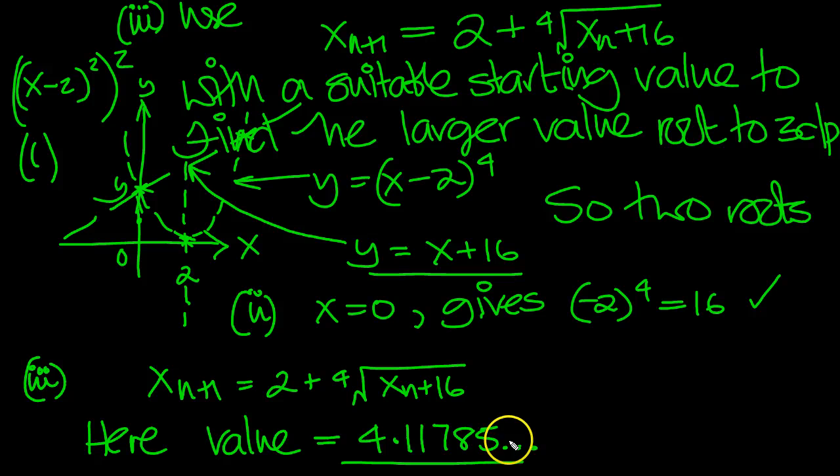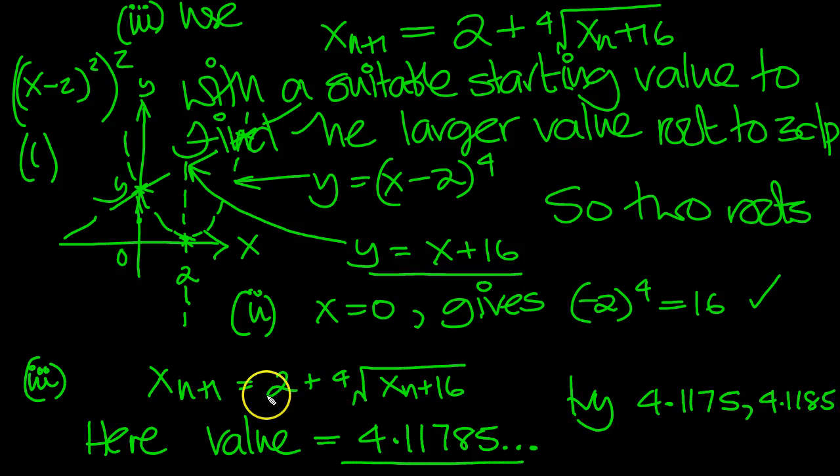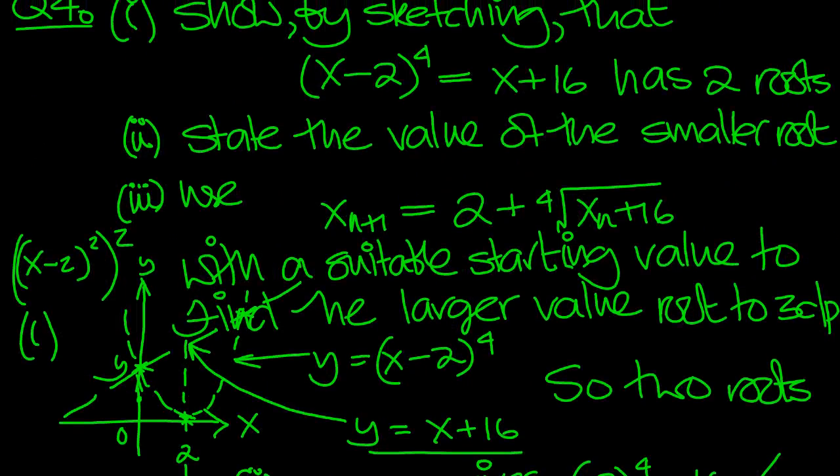If we want a value to 3 decimal places, we need to try two values: 4.1175 and 4.1185, and find the difference in the function for this root.